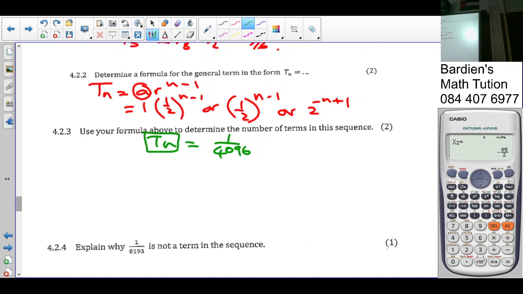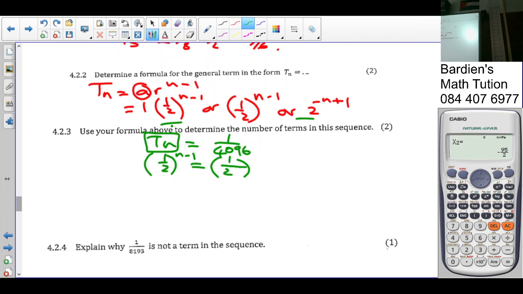But what is Tn? Tn is a half to the n minus 1, equals 1 over 4096. Now, in an exponential equation, we're going to try and make the bases the same so the exponents can be equated.